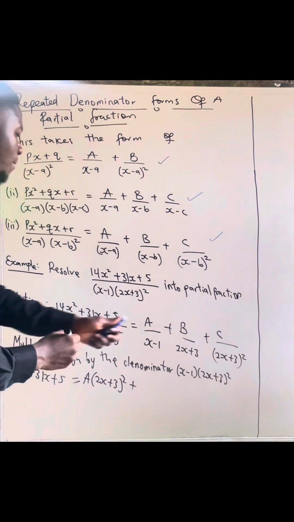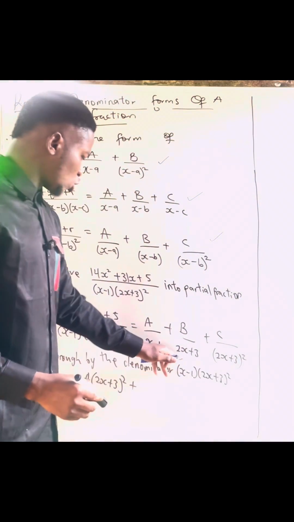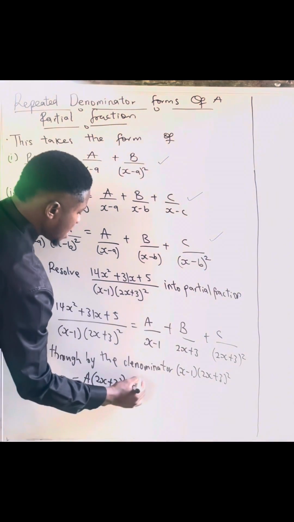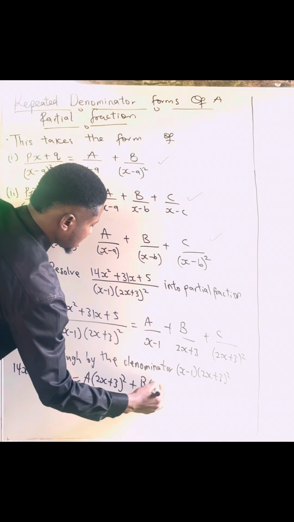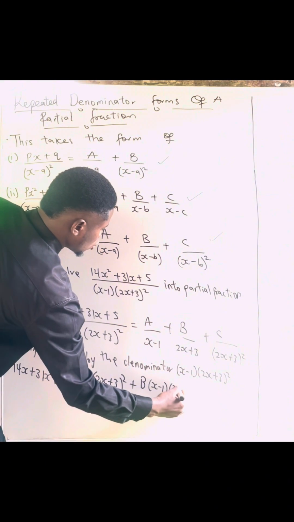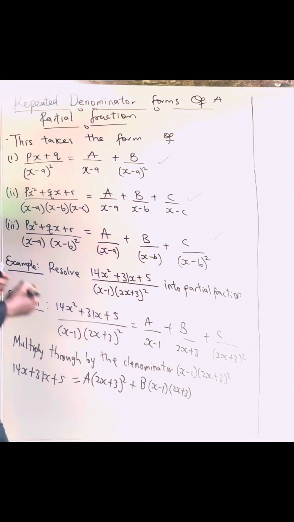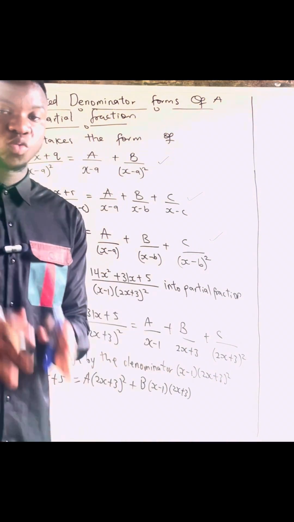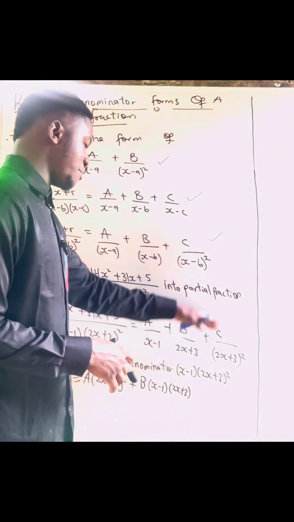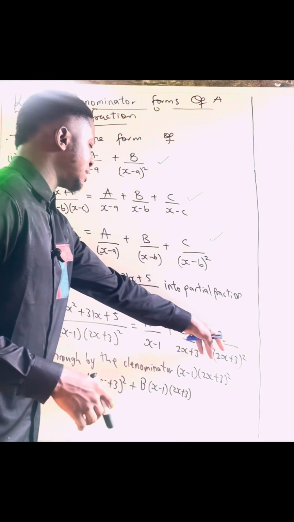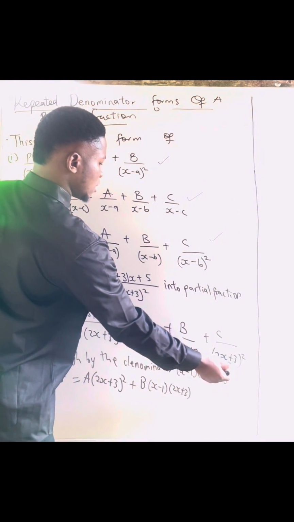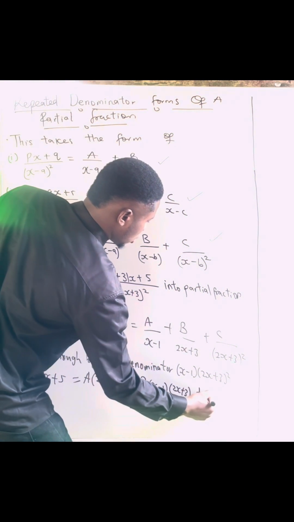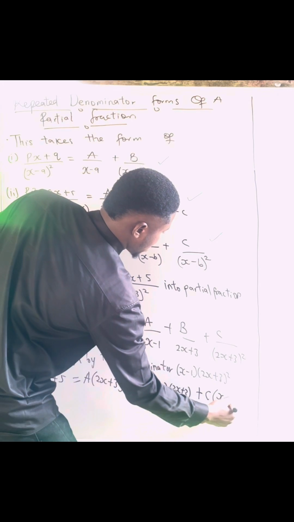Plus, if I multiply the second term, one of the 2x plus 3 is removed, so I'm left with B times x minus 1, 2x plus 3. Initially I'm multiplying by 2x plus 3 squared, which is the same thing as 2x plus 3, 2x plus 3. So if this removes one, it's going to remain one. For C over 2x plus 3 squared, if I multiply by this, I'm left with plus C times x minus 1.